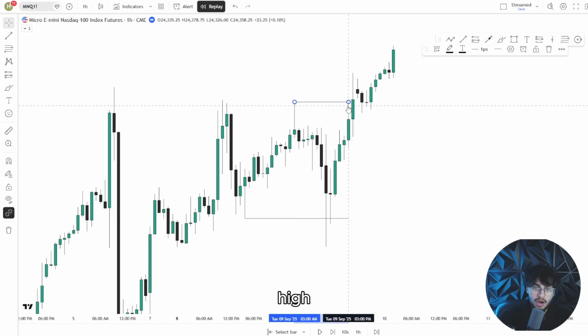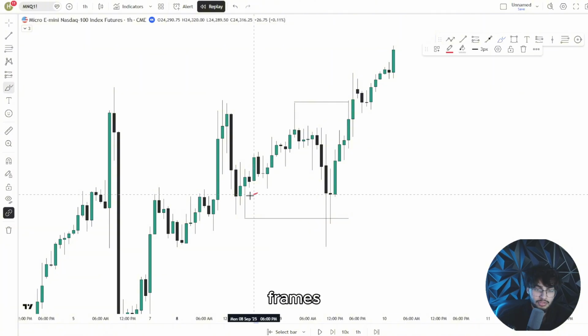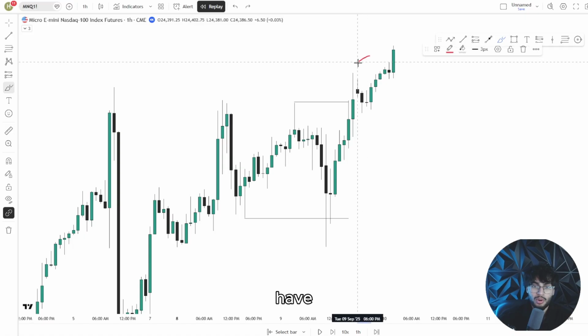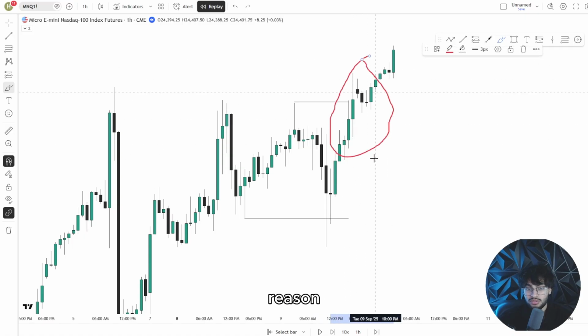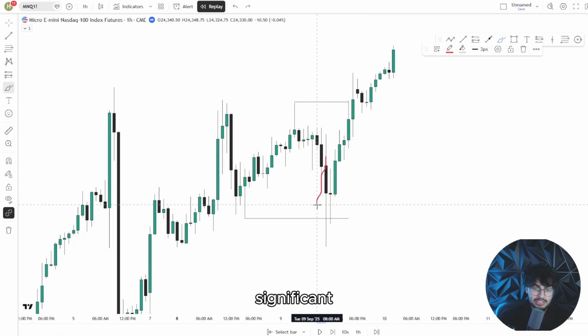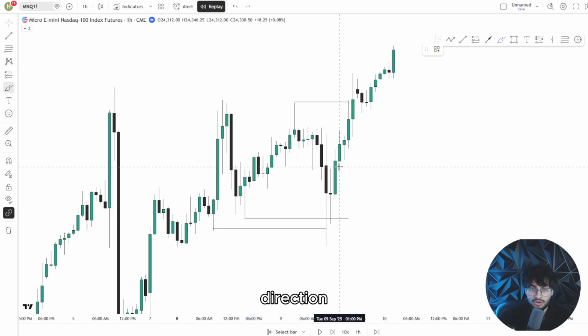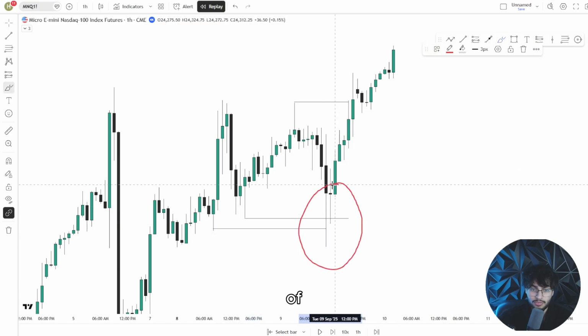So we have this swing high and we have this swing low on the lower time frames, and you guys can clearly see we have a beautiful reaction off of this, but we don't have a reaction off of this. And the reason why is when we don't get any significant candle body closures below swing points, like these, we're not anticipating price to continue in that direction, but rather have a reversal off of sweeping those points.